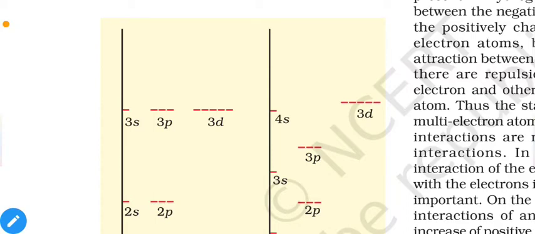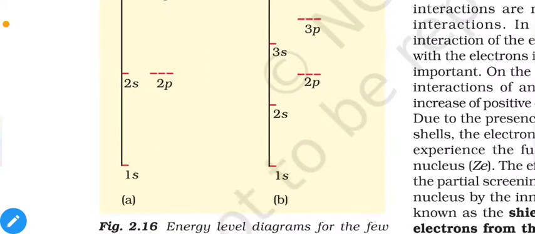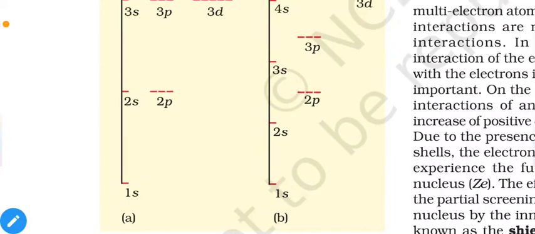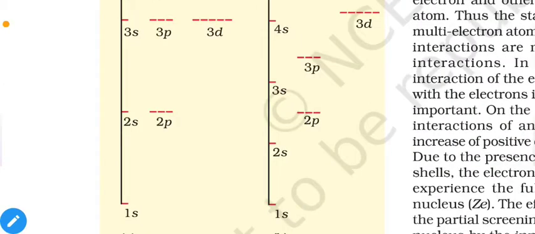For p you will see 3 dashes, representing px, py and pz. And for d you will see a total of 5 dashes: dxy, dyz, dzx, dx square minus y square and dz square. So the first representation has the same energy for the same principal quantum number.